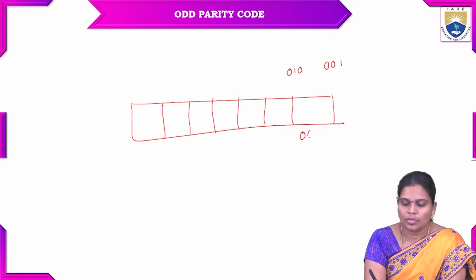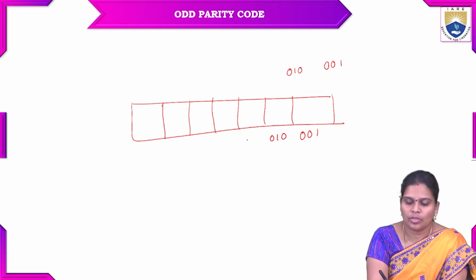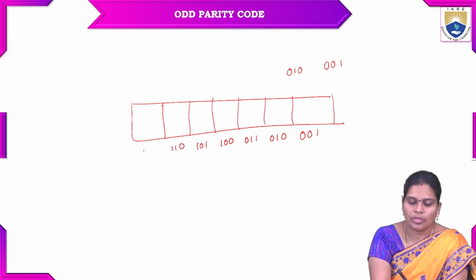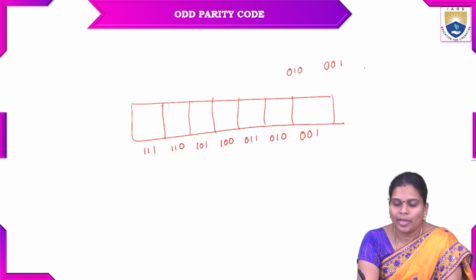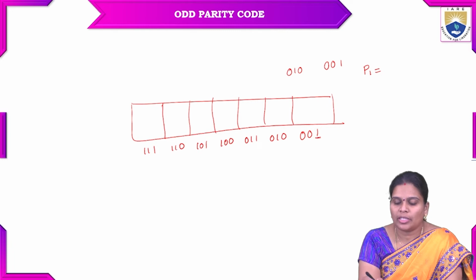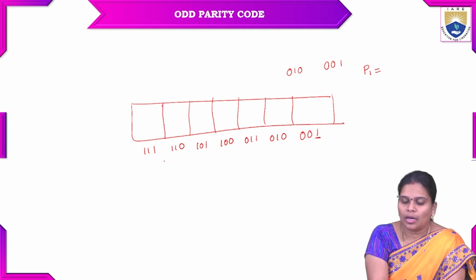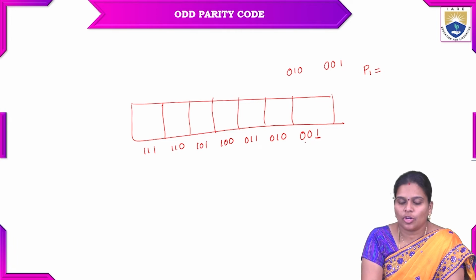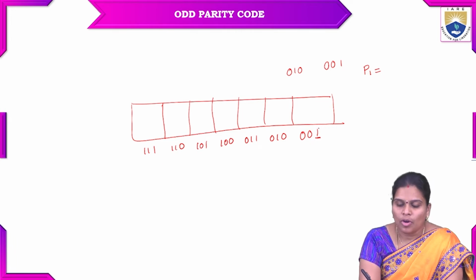Here we are finding the P1 bit, the first parity bit. Here we write positions from 001 to 111. In this, the first position of the data is 1, so we consider that data bit. This is the first bit, the LSB.